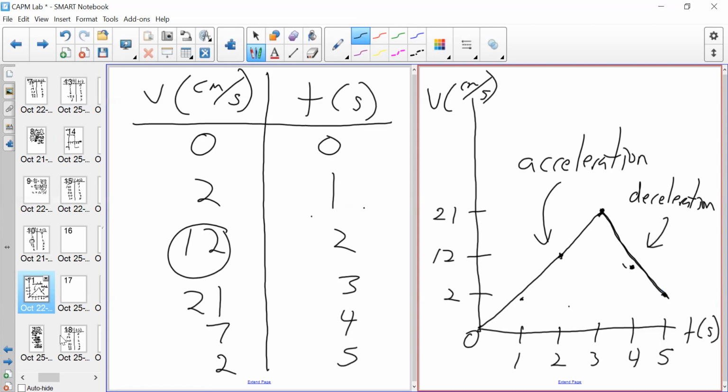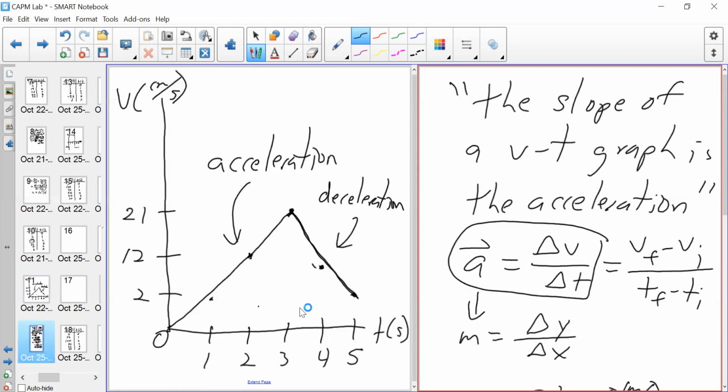Just depends. No magic to that. Once you have plotted this V versus T, take the slope, right? You're going to have 2 slopes, one that's positive, one that's negative. This is a positive acceleration. This is a negative acceleration. We call it deceleration.